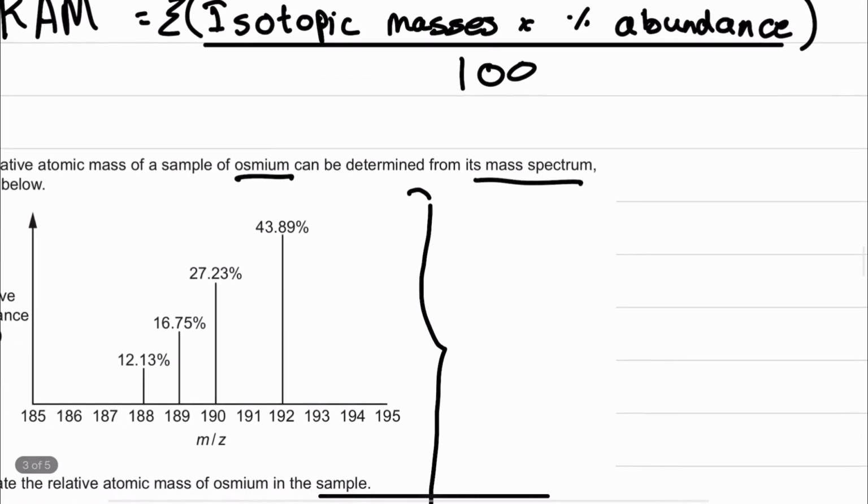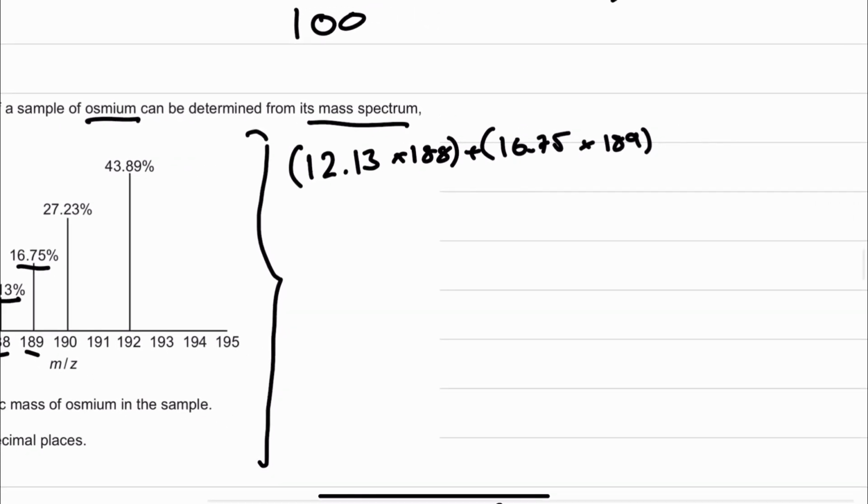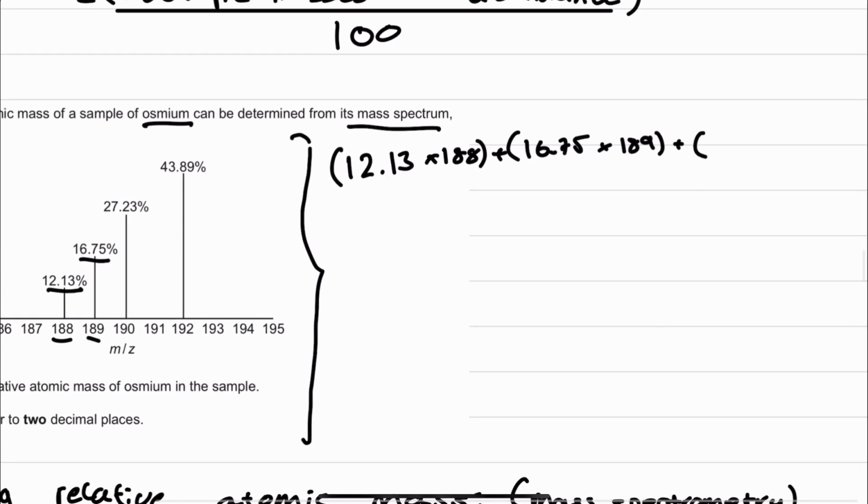So, using that equation, we can do 12.13, which is the percentage abundance at 188, times 188, plus 16.75 times 189, plus 27.23 times 190, plus 43.89 times 192.